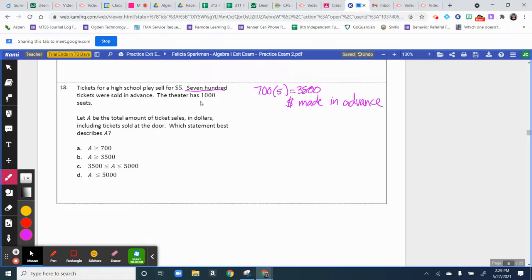We also know that they can only sell this many seats. So if we take that number and multiply it, this is the max amount they can make. Right? They can't make more money because they can't sell more tickets than that. So A is the amount they're going to make.